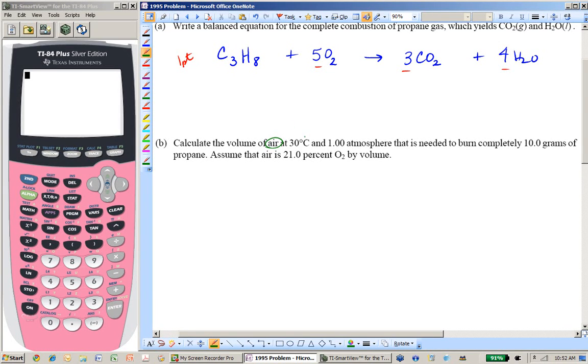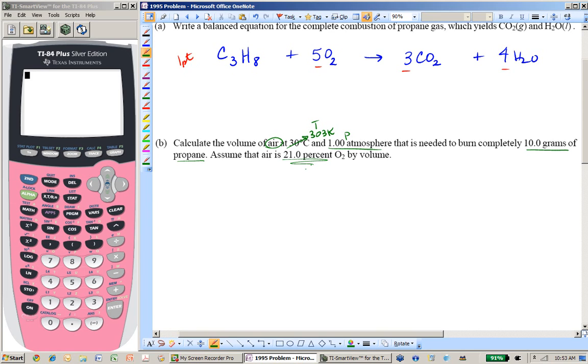At 30 degrees Celsius. Well, I know that gases are involved here because it says 1 atmosphere. So I'm going to take that 30 and go directly to Kelvin. Add 273 to 30, and I believe you come out with 303. And so now they've given me a pressure of 1 atmosphere, and I have a temperature, that is needed to burn completely 10 grams of propane, and assume that air is 21% oxygen by volume.